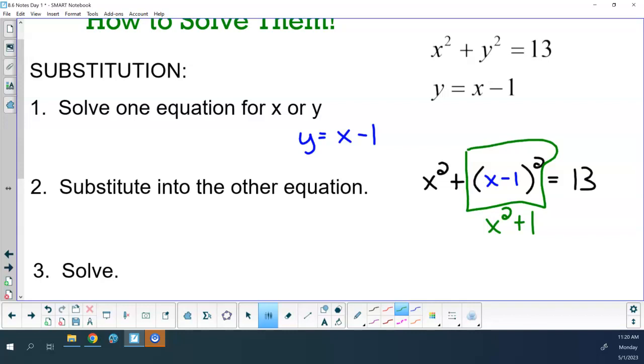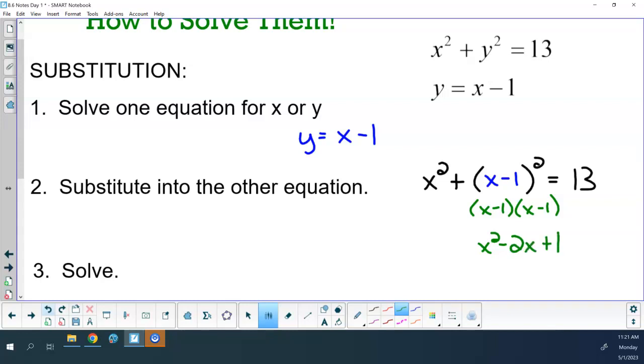It is not x squared plus 1, because this is really x minus 1 times x minus 1. So that becomes x squared minus x, minus 2x plus 1.